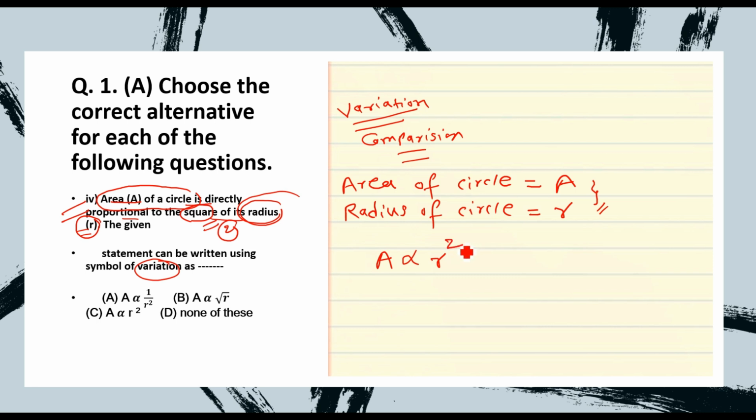So the answer is that A is directly proportional to the square of R, and the option I am getting here is option C. Therefore, my answer to this question is option C.